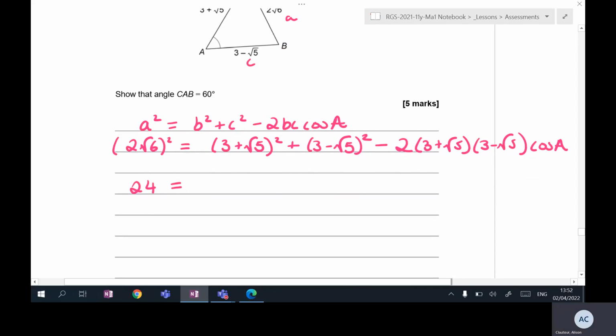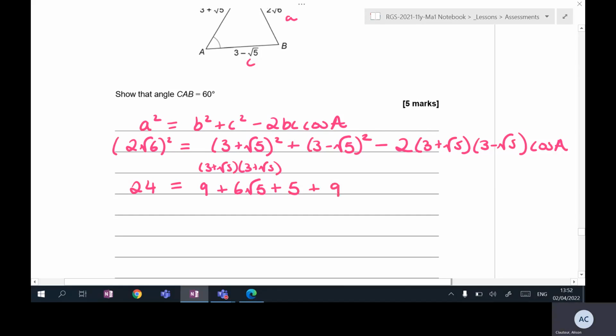For this one, remember you should do FOIL, so this is the same as 3 plus √5 multiplied by another 3 plus √5. So if you apply FOIL, we've got 9 plus 3√5, another 3√5, so 6√5, and then √5 squared is 5. For my second one, obviously that's going to be the same, the signs are going to change.